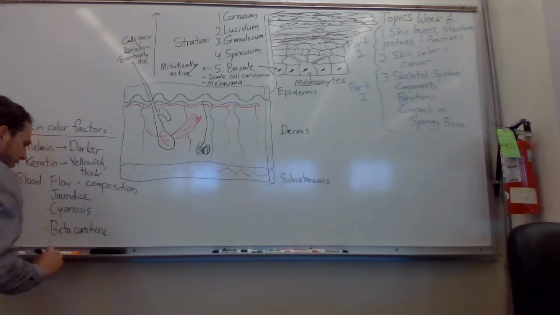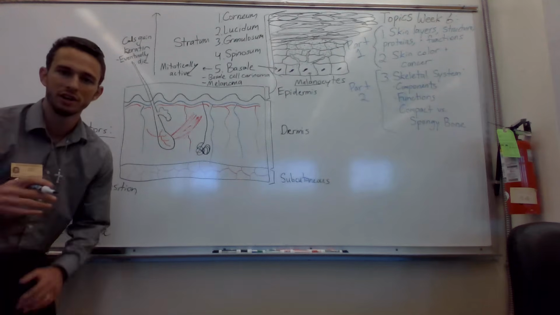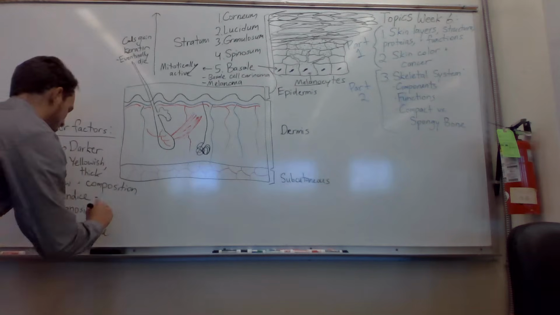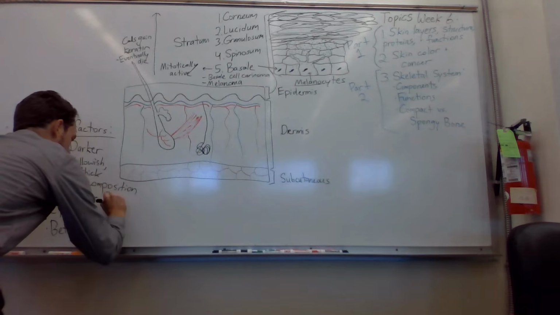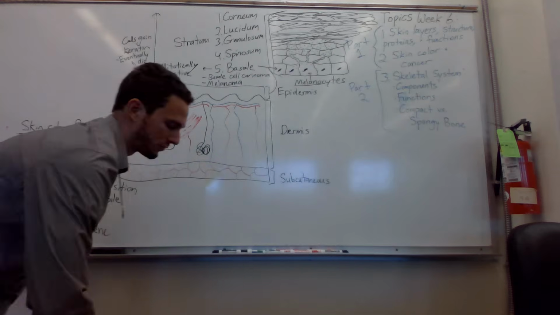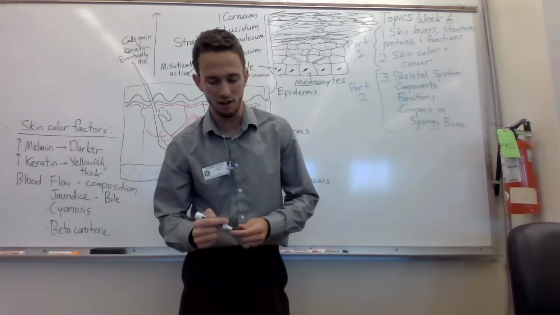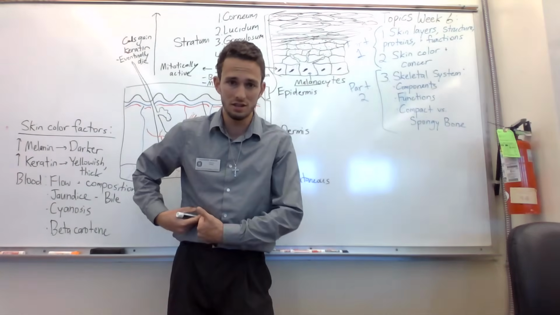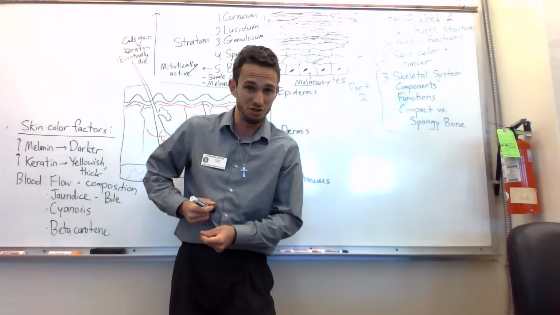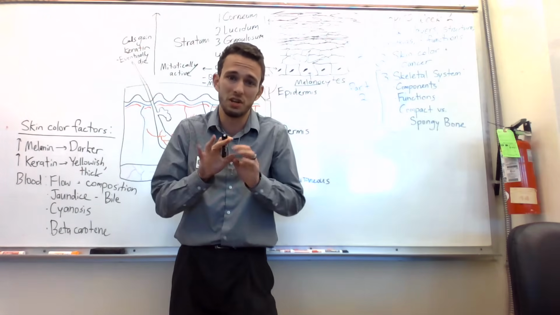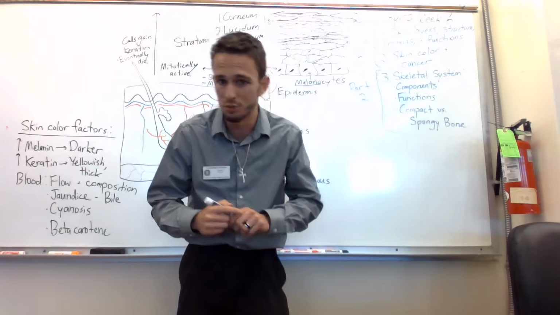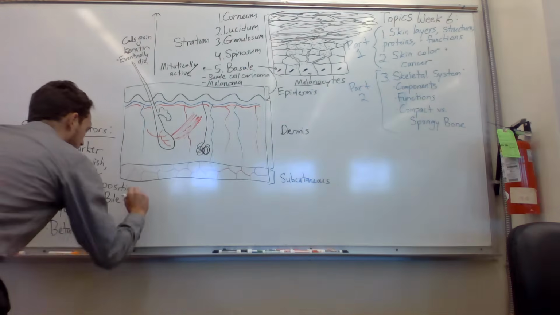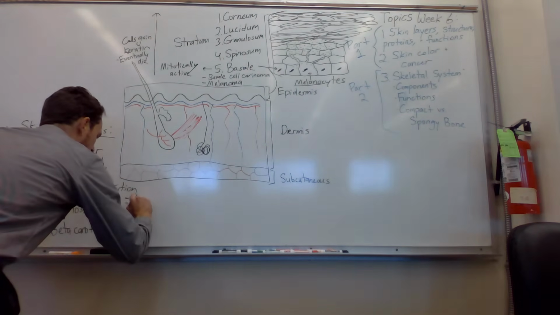Okay, so jaundice is when bile leaks into your bloodstream. This is especially common in babies. For some reason, a little bit of bile that's usually released into your intestines seeps into your bloodstream. Okay, and if it seeps into your bloodstream, it appears as a yellow tint. So if you have bile in your blood, you are yellow.